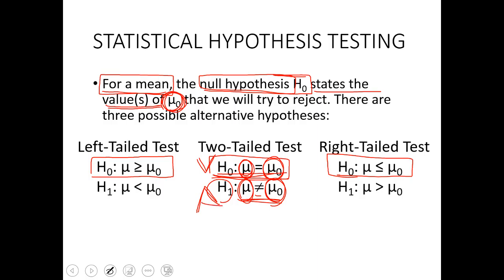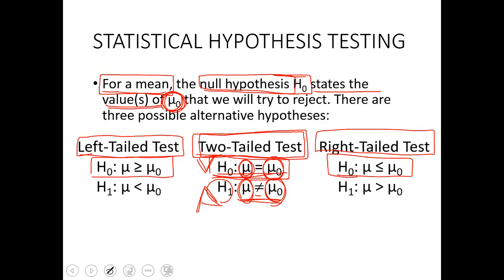So in this case we say that it is a two-tailed test. Or we can define the left-tailed test and right-tailed test like this. If the null hypothesis is that the population mean is larger than our benchmark value, then that is called a left-tailed test.